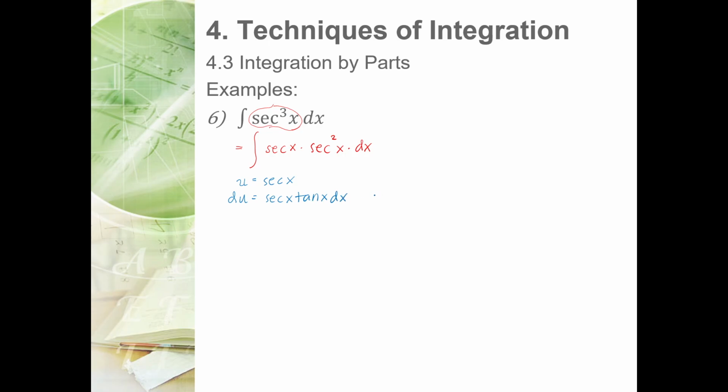So for dv, you have secant squared x dx, and then v would just be tangent x. So the integral of secant squared x is just tangent x. Okay, so with the formula, I now have secant x tangent x, so let's try to put the formula first.